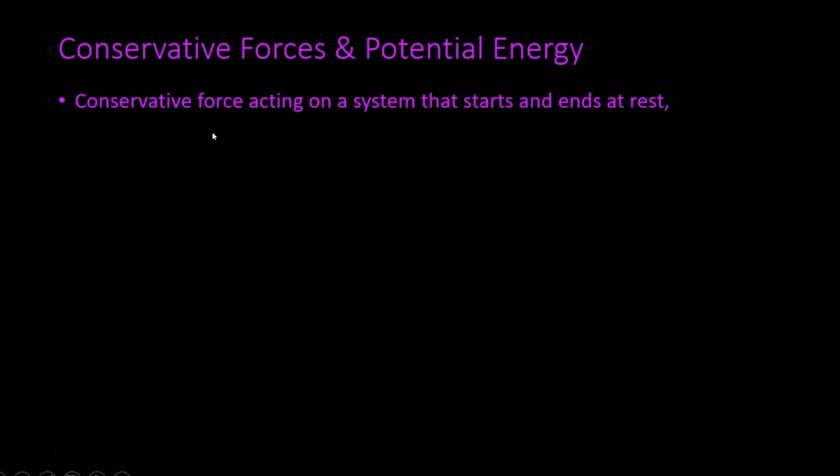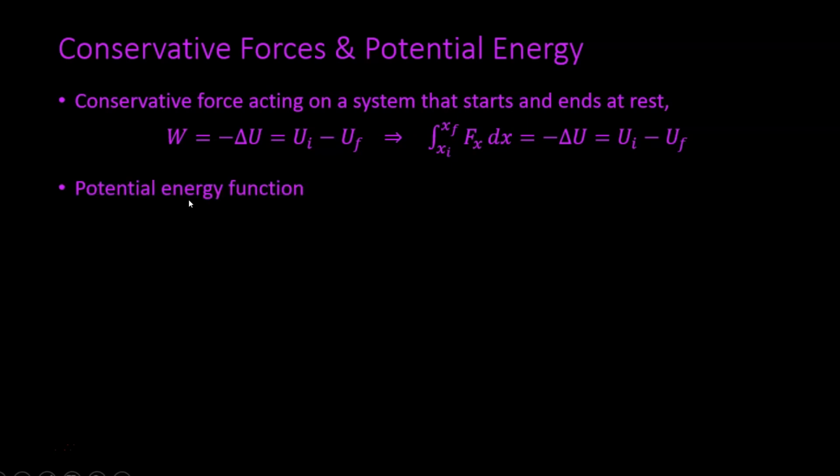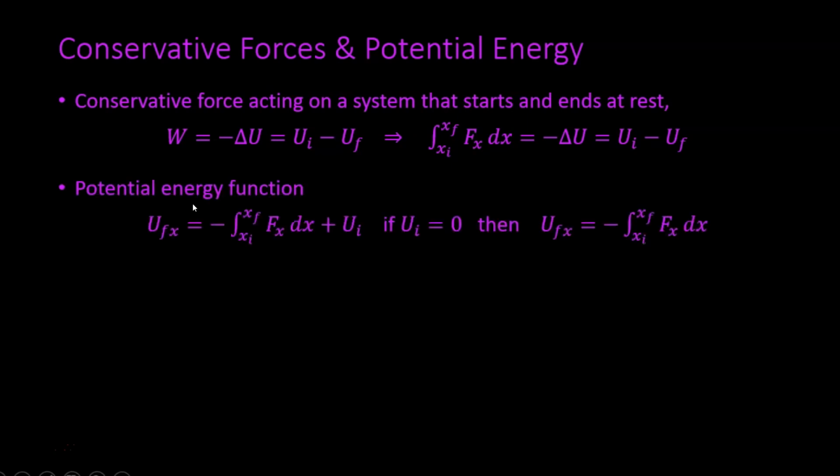If we have a conservative force acting on a system that starts at rest and ends at rest, then we know that the work is equal to negative the change in potential energy, or U sub i minus U sub f. We can substitute this integral for work, and that leaves us with this expression. Starting from there, we can come up with a potential energy function. We rearrange this equation for the final potential energy in the x dimension.